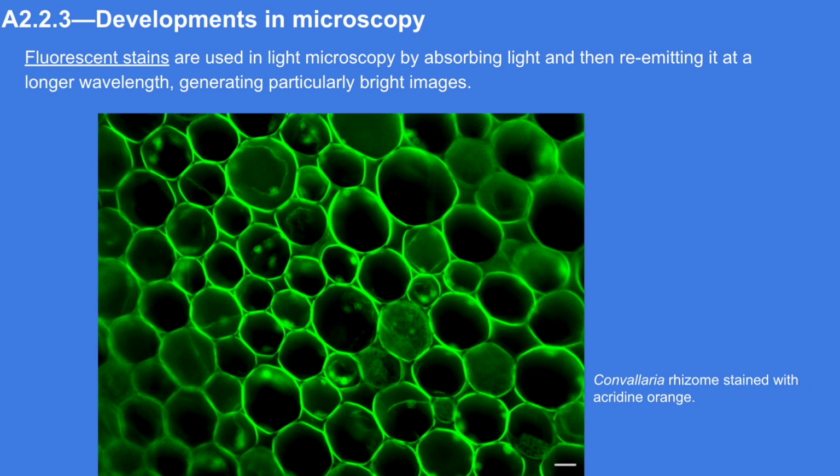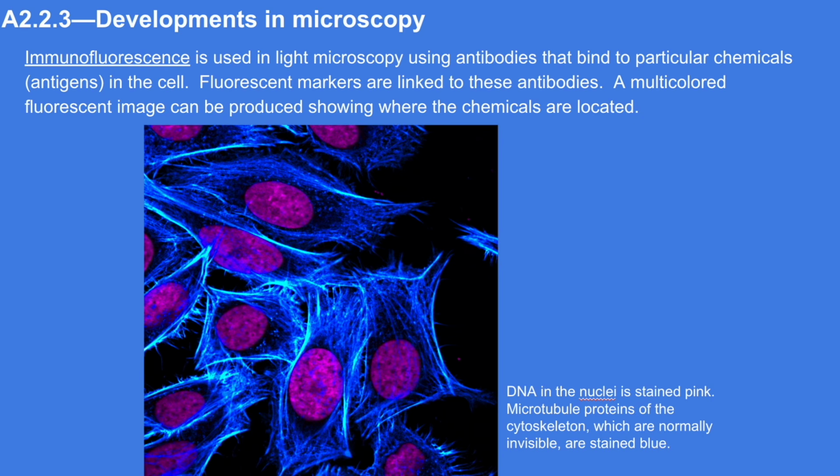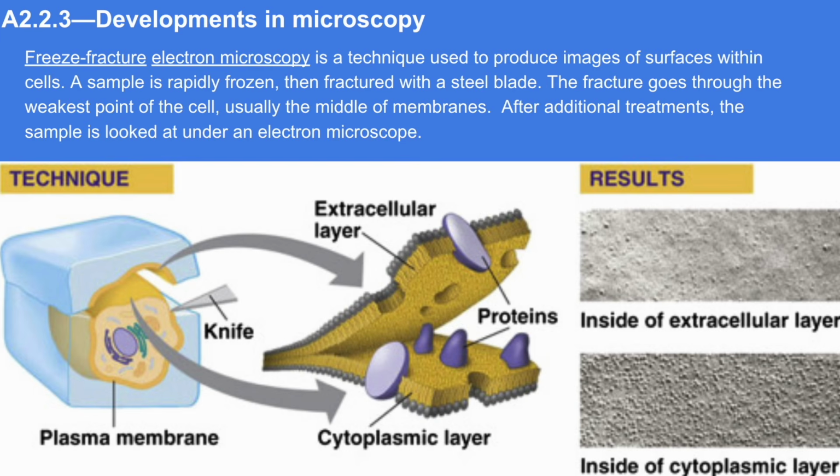Okay, other developments are fluorescent stains, immunofluorescence, and freeze fracture electron microscopy was a technique. That's how we figured out that proteins are embedded as globular proteins in cell membranes. So by freezing this cell, striking it so that it cracks and breaks on a weak point here, it allowed us to open up a plasma membrane and take a visual image of it, and we found globular proteins.